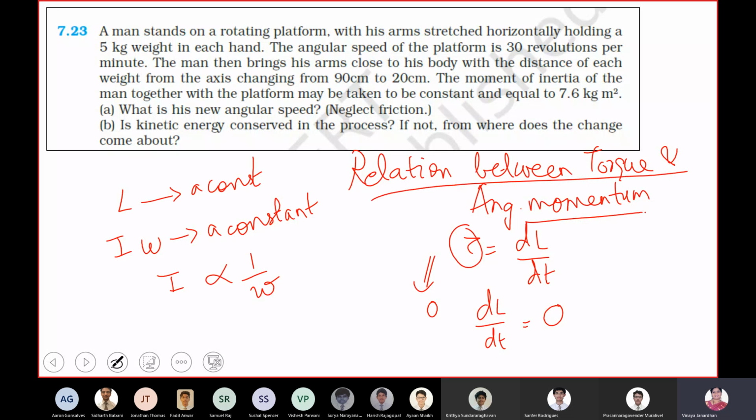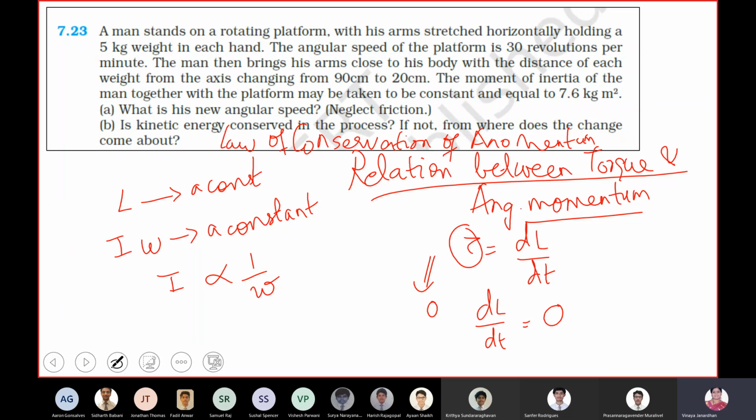This is what we call the law of conservation of angular momentum, when there is no external torque acting on the system.